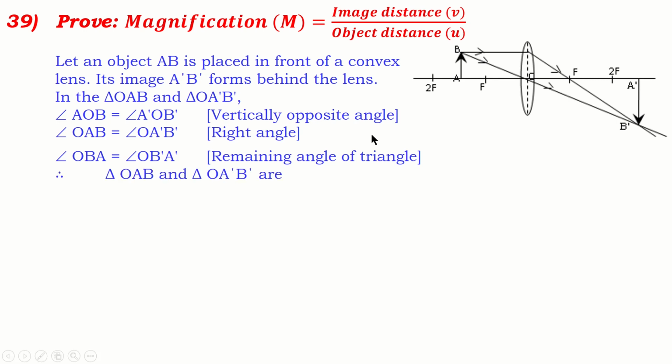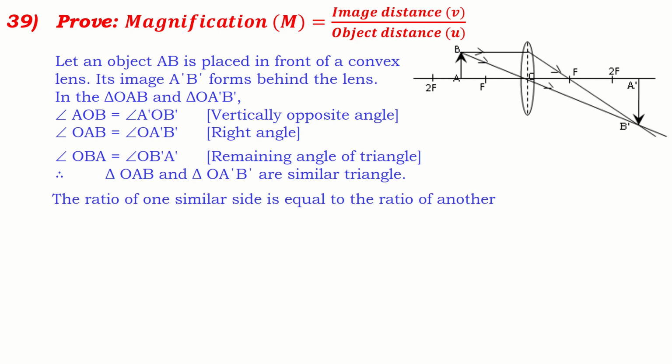Okay. Now next, therefore triangle OAB and triangle OA'B' are similar, because three angles of one triangle are equal to three angles of the other triangle. In similar triangles, the ratio of one similar side is equal to the ratio of another similar side.